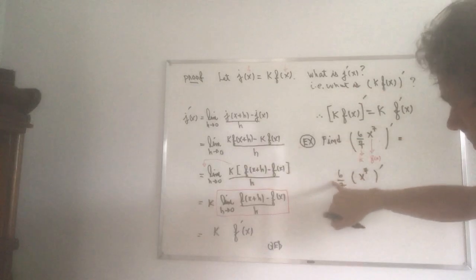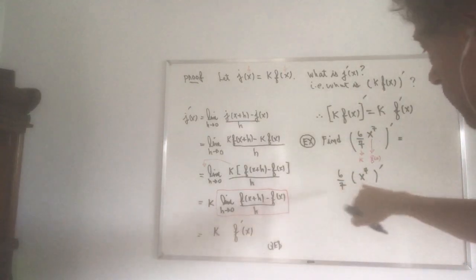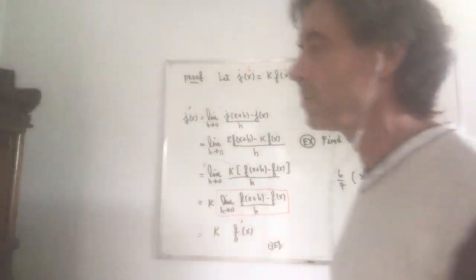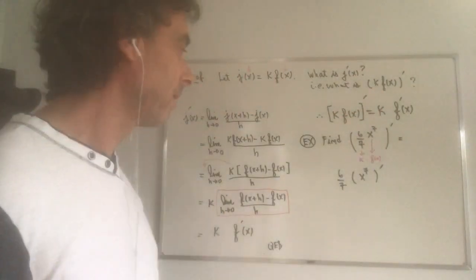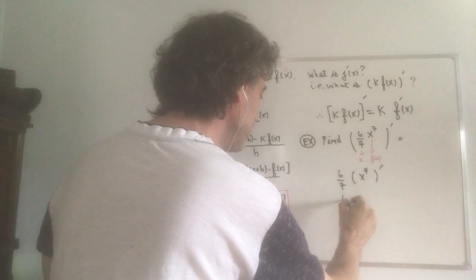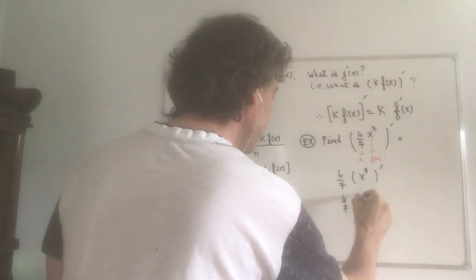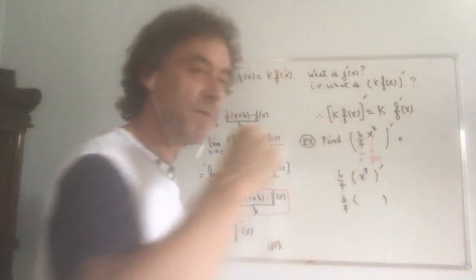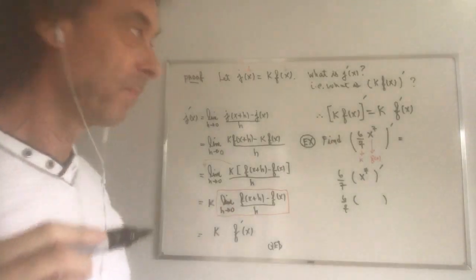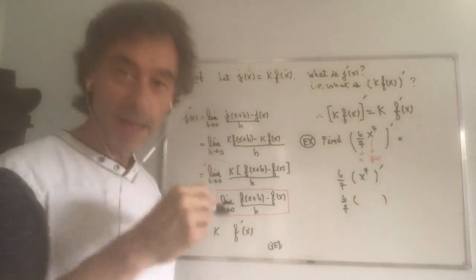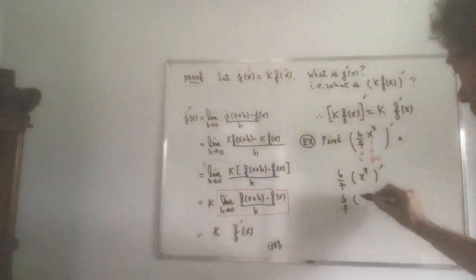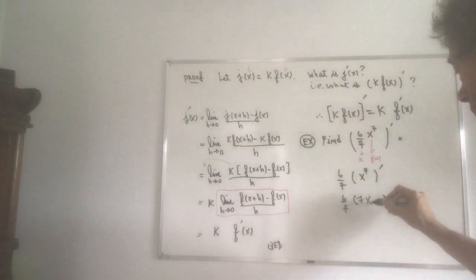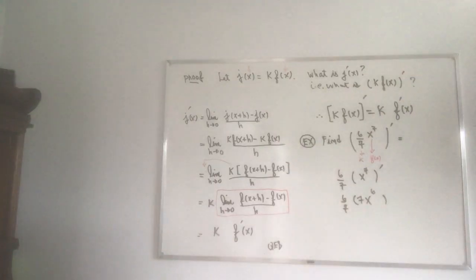The 6 over 7 goes out. No derivative of the 6 over 7. Only the derivative of x to the 7. What is the derivative of x to the 7? Rule 4, x to the n. So how does that go? I bring the 7 right in front, and I subtract 1.